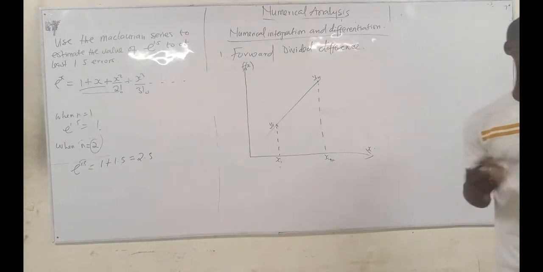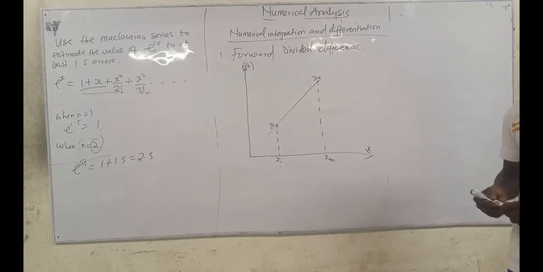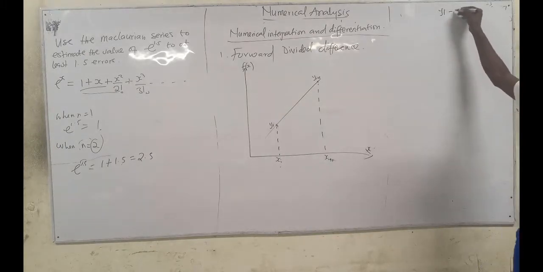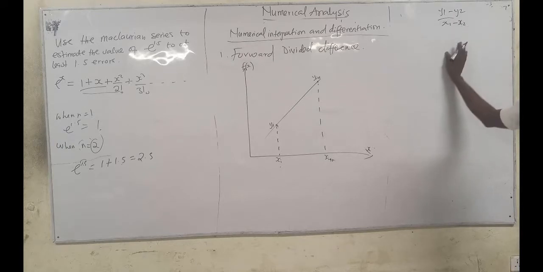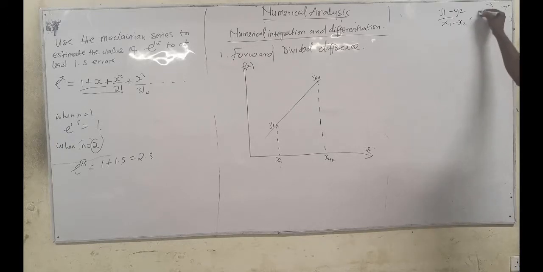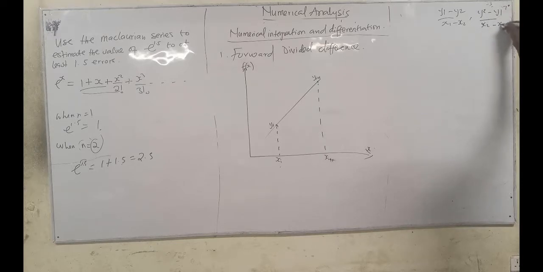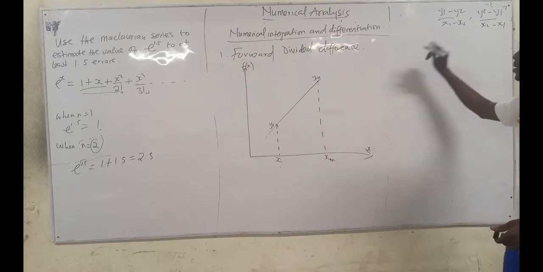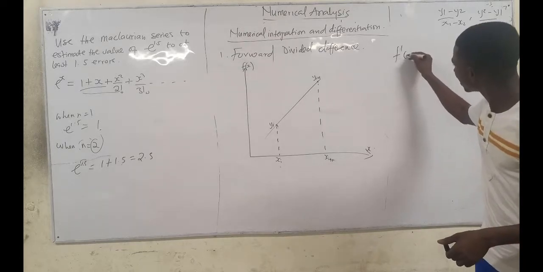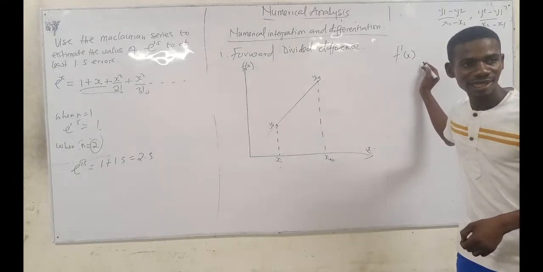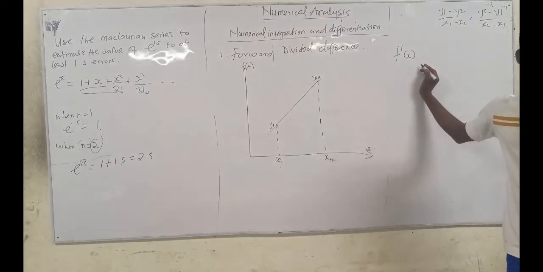Change in y over change in x. The other way is y1 minus y2 over x1 minus x2, which is also correct. If I write y2 minus y1 over x2 minus x1, they are all correct. They are all the same. So my f prime of x, that is the differentiation, is the same as finding the gradient.